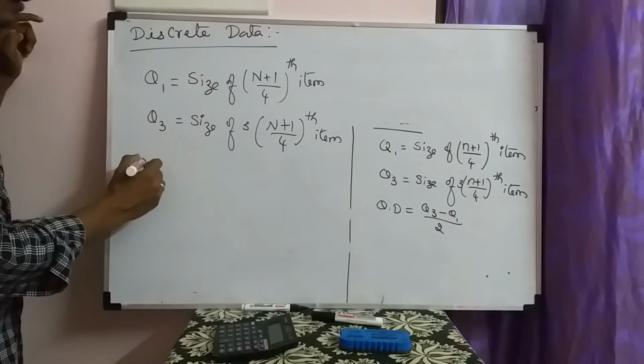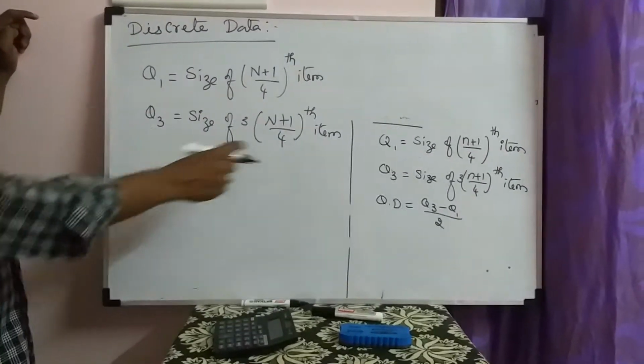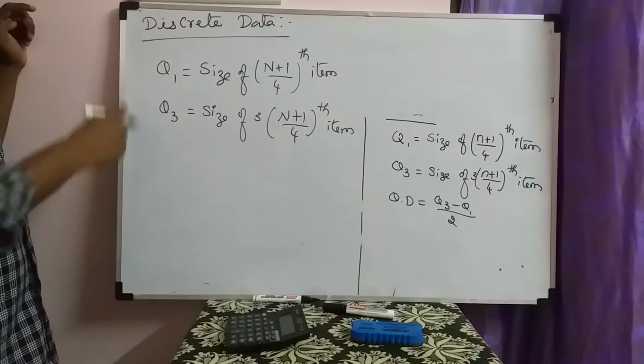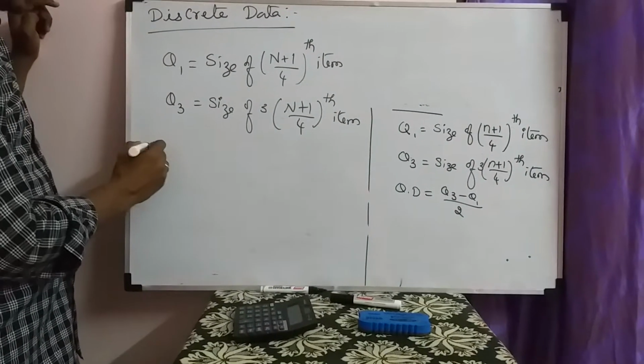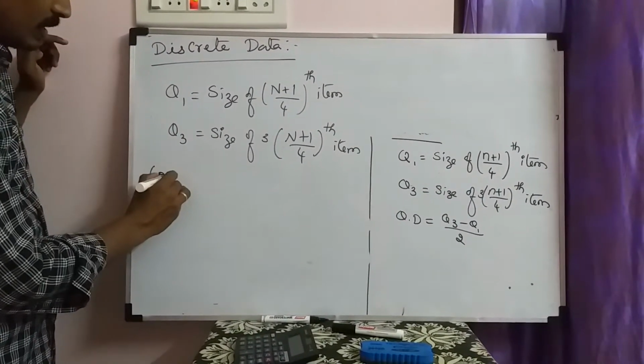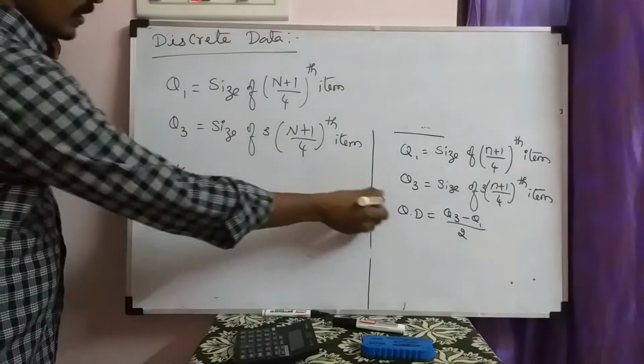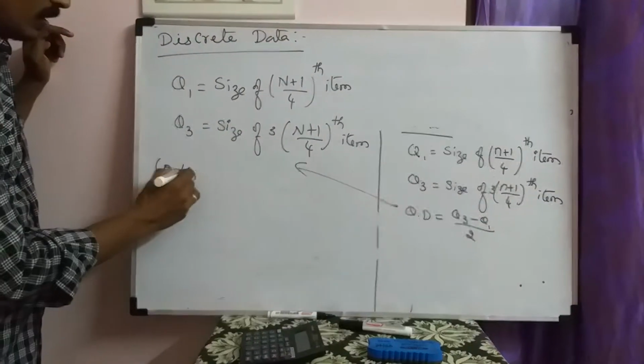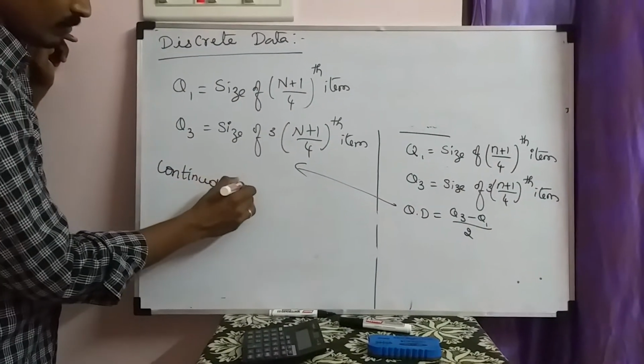The formula for QD is the same, Q3 minus Q1 divided by 2, for this also. And for continuous data, the formula is the same here also.